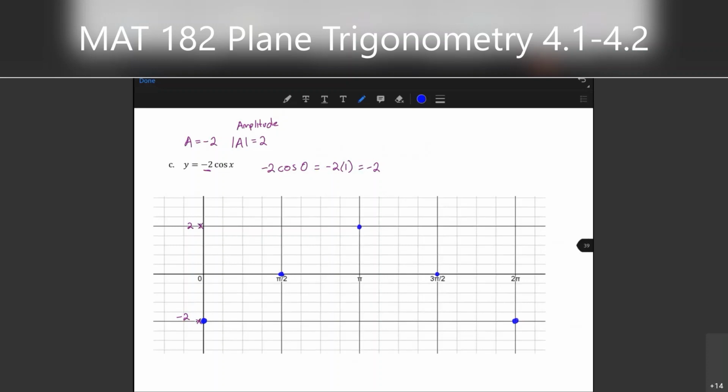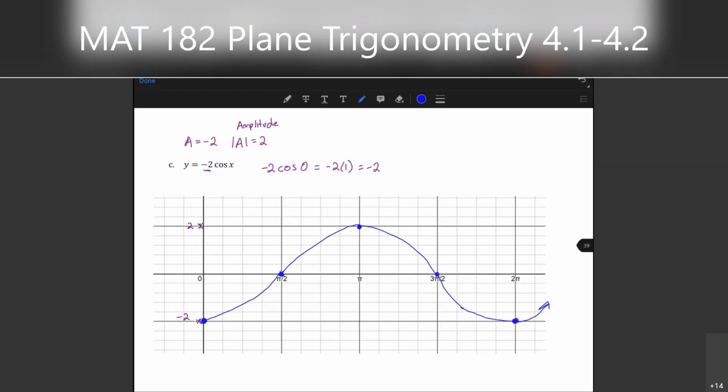So this will be the flip, or the reverse image, of our graph from before, except we have a different amplitude. So this would increase and then decrease back down, like that.